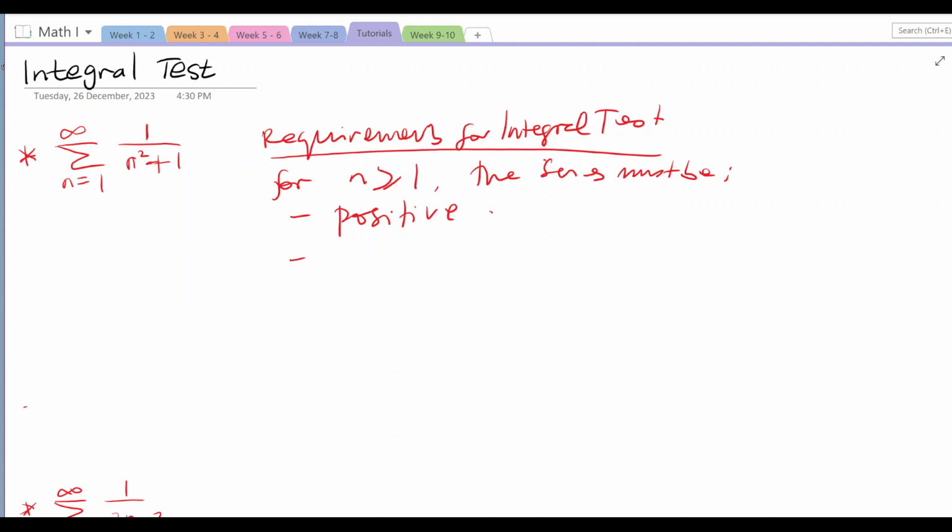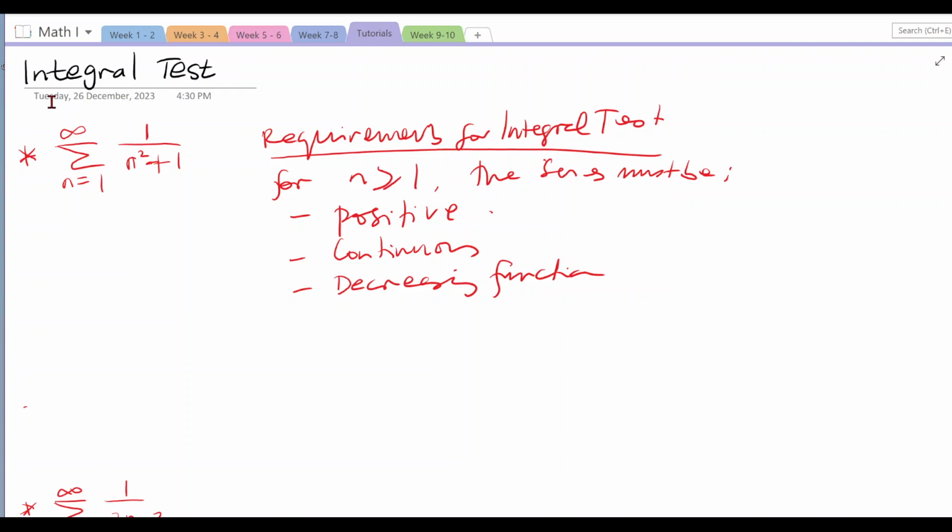Number 2, continuous for all n greater than or equal to 1. And number 3, a decreasing function. Remember, this must be for n greater than or equal to 1 of this function.